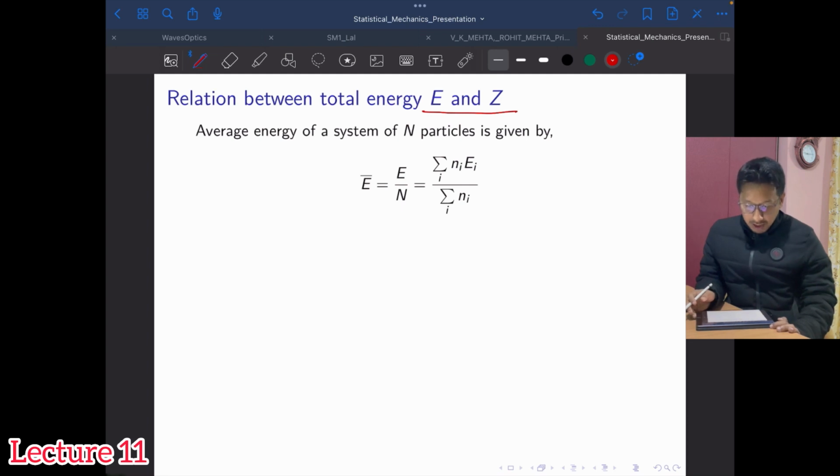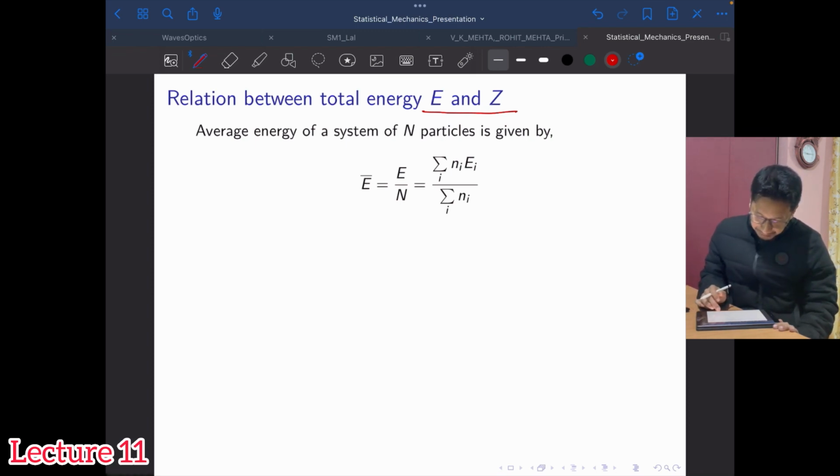Next, the relation between total energy E and partition function. If you consider a system with n particles, the average energy we can calculate as total energy by total number of particles. So this is the average energy of a system having n particles. Then you expand it as a sum over all the particles in all the cells divided by the number of particles in each cell.